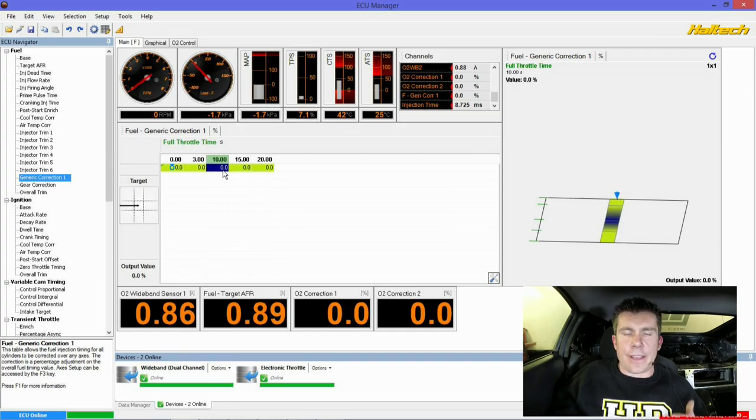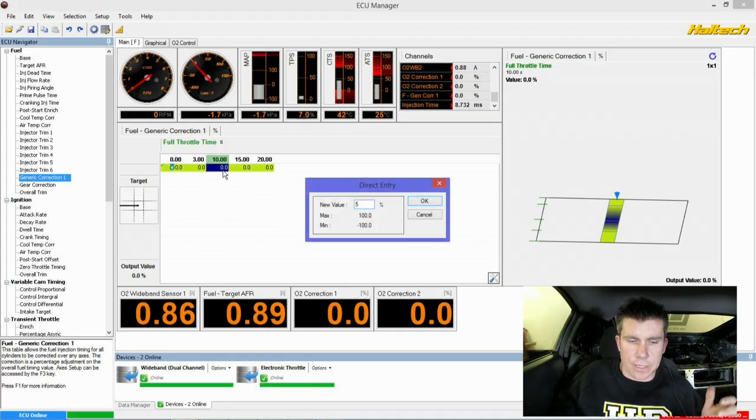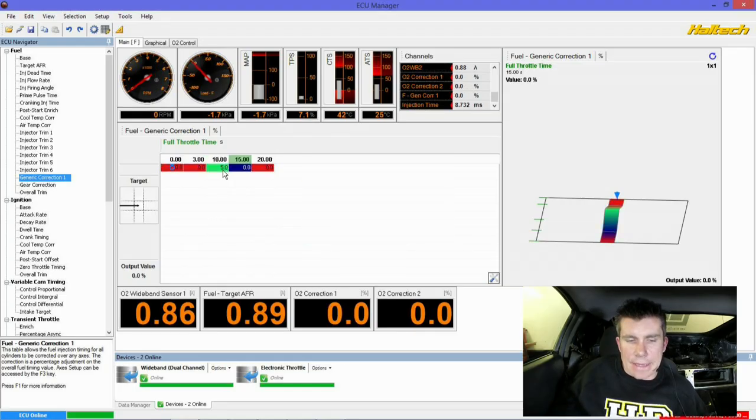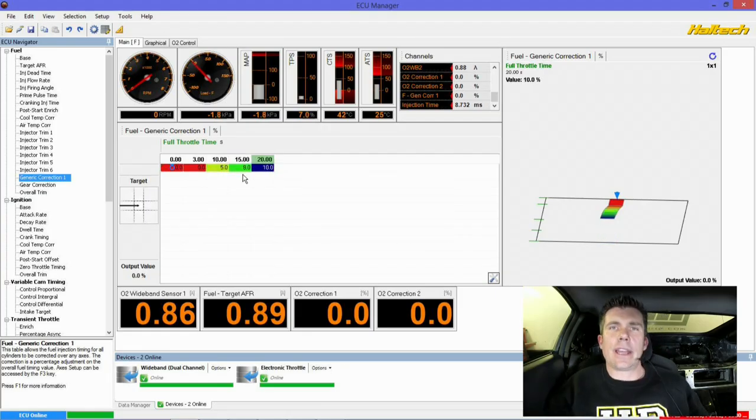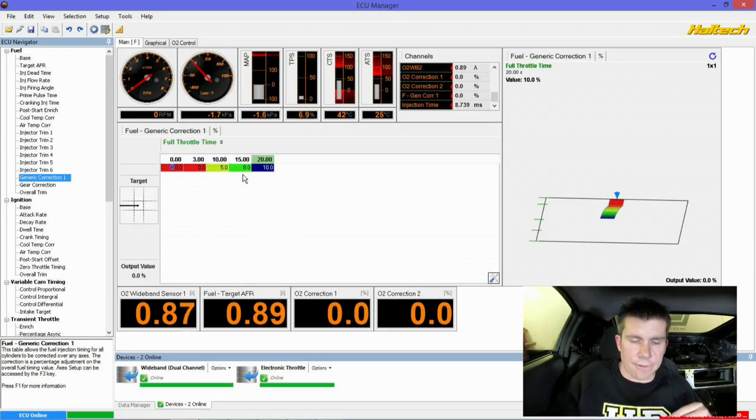So if we get to a situation where we're at wide open throttle for 10 seconds or more, we could do exactly what we did before and add 5 or maybe 8 or maybe 10% additional fuel, and that's going to be perfect for those situations where the car's being thrashed really hard on the autobahn or on the racetrack or wherever it is that we can't control those conditions when we're on the dyno. We can just add a little bit of additional fueling in there, this full throttle timer, to help safeguard the engine.